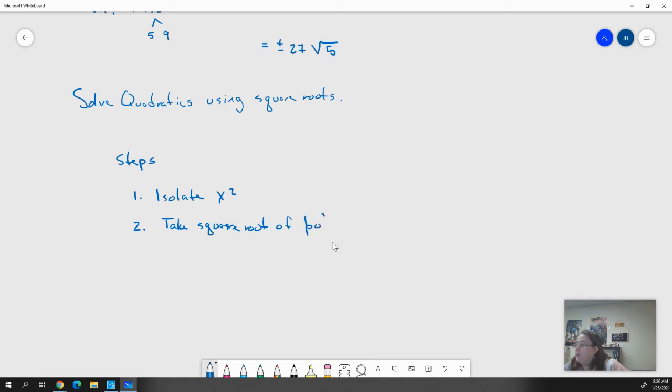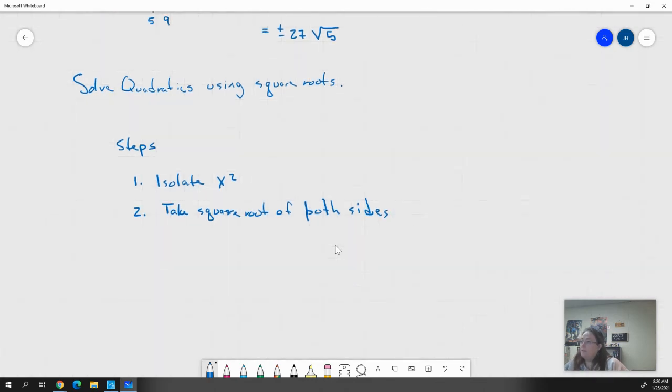Step 3, simplify the radical. And don't forget plus or minus to indicate both answers.